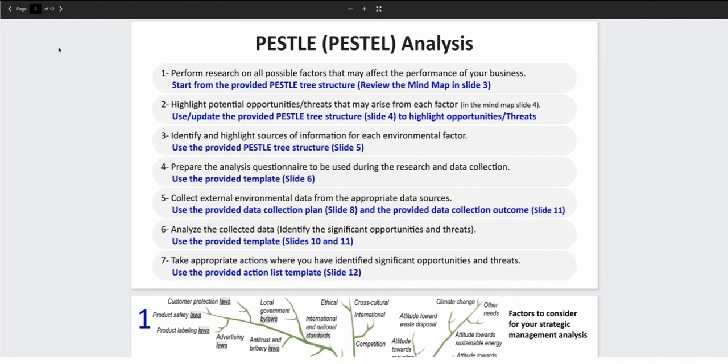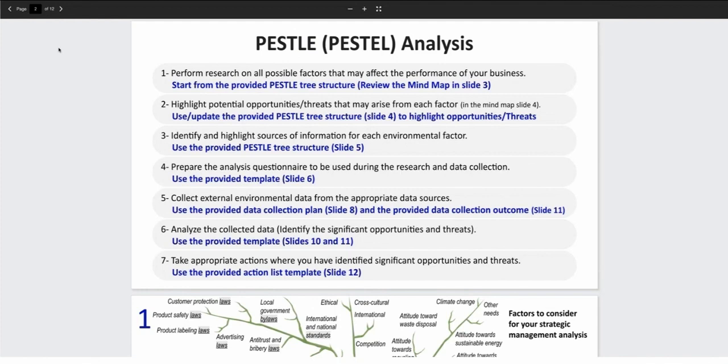So again, I'm showing you an exercise that we always do before writing a report on the PESTEL analysis. Usually we perform research on all possible factors that may affect the performance of the business.